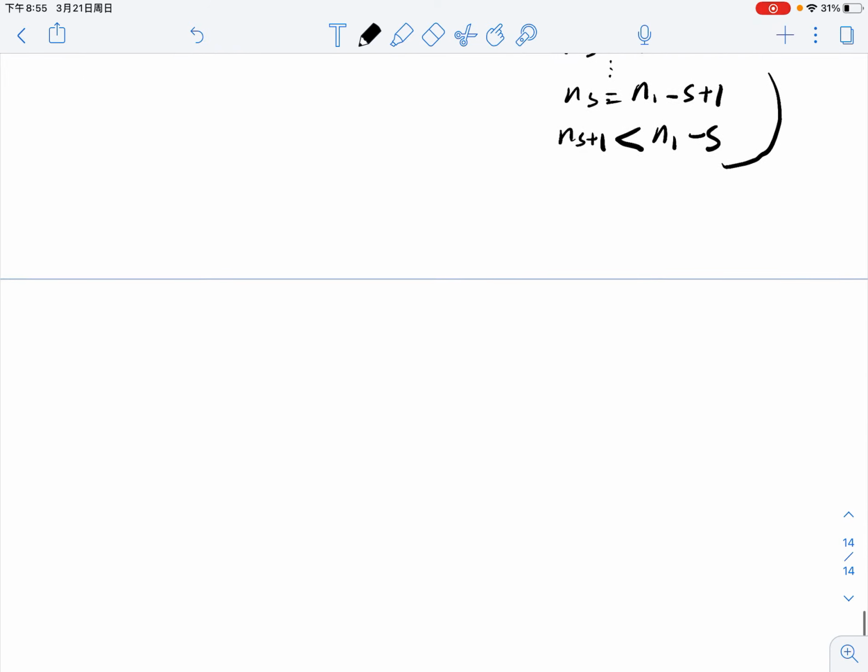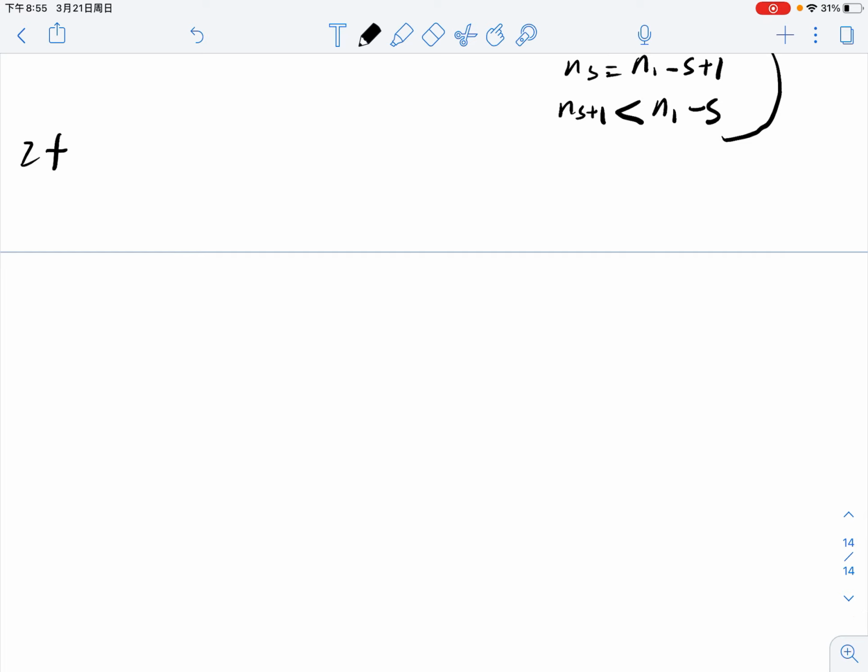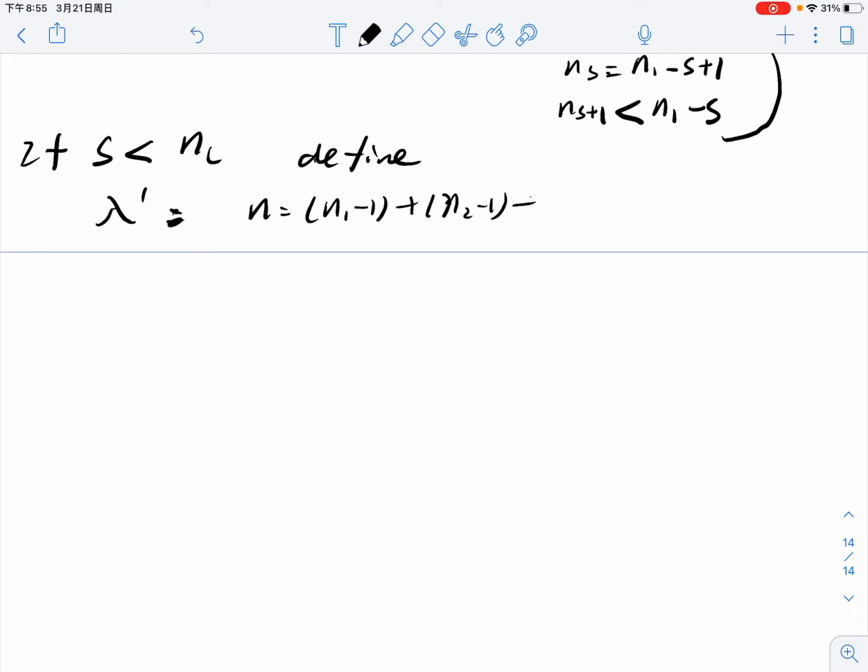And now, if s is strictly less than nl, define lambda prime to be the partition n1 minus 1, n2 minus 1, up to ns minus 1, ns plus 1, ns plus 2. Notice that we are missing one term.